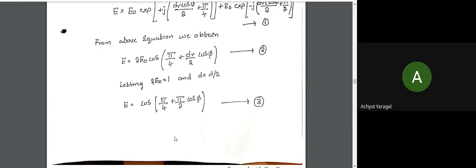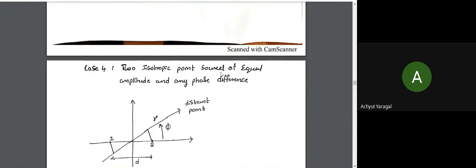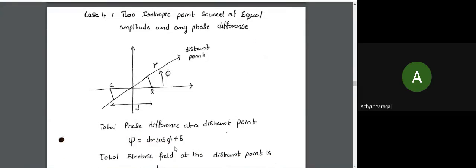Case number 4 is any phase difference. Again the same thing: 2 isotropic point sources of equal amplitude but any phase difference. The total phase difference psi is, as we wrote in the first case, psi equals d r cos phi plus delta.